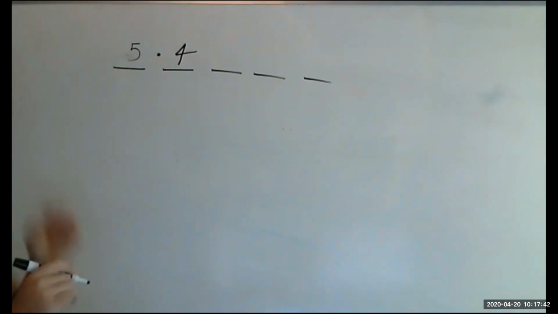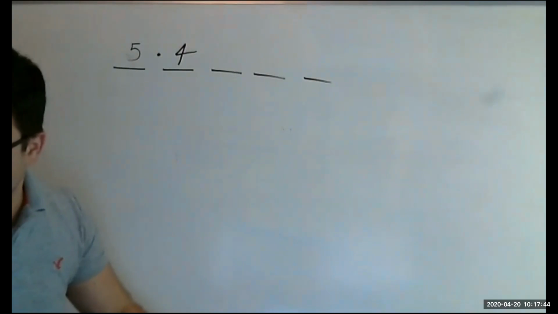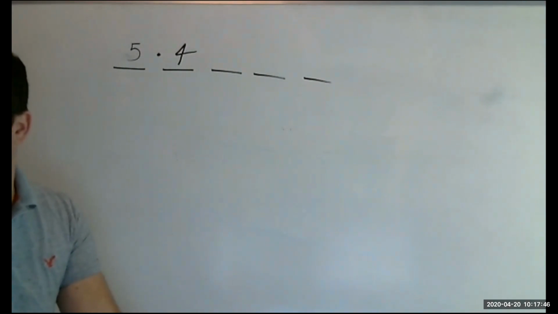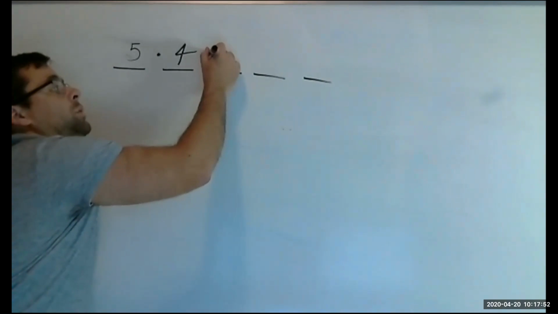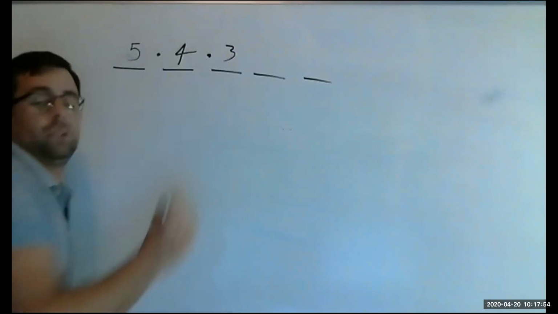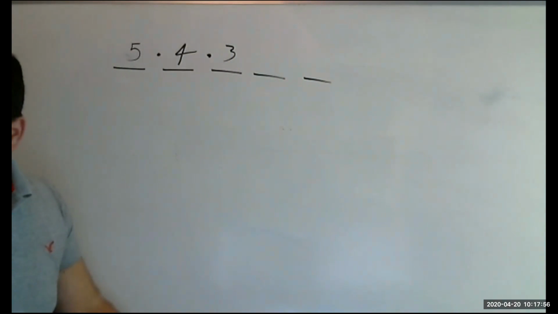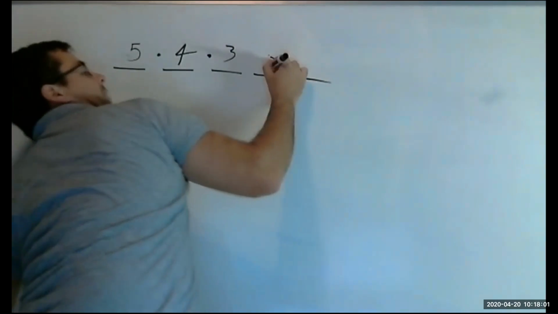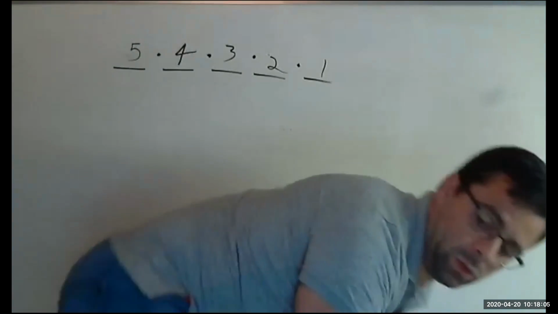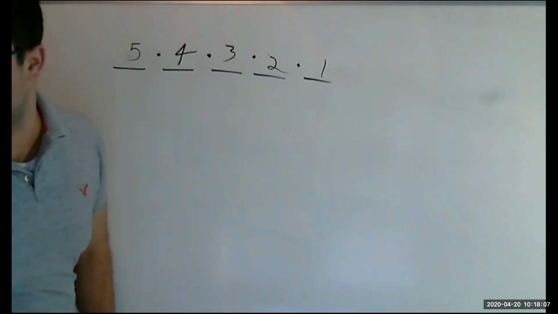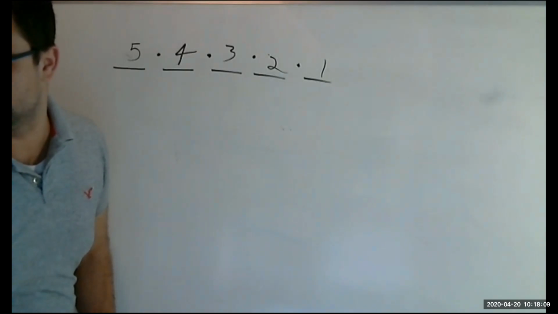What about the next section? How many options do I have for that one? 3, yeah, for the same reason. I've already used 2 of my 5. What about the next one? 2, and 1. So in total, how many options do I have?